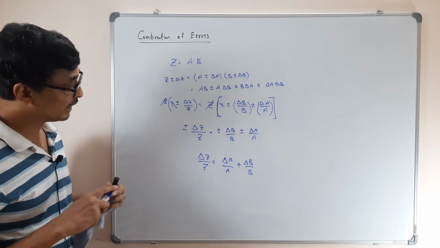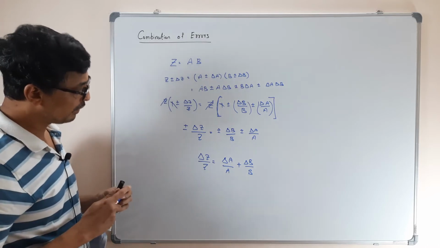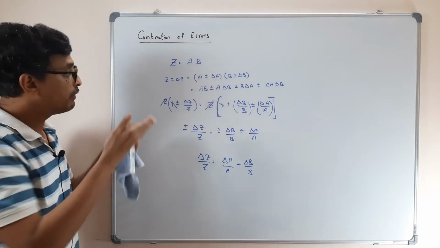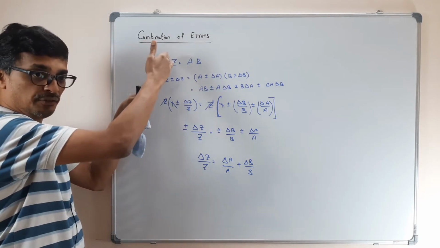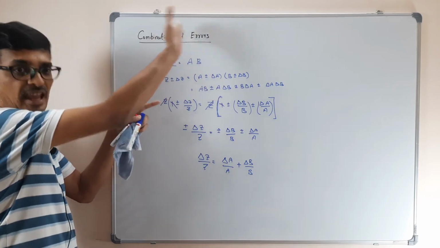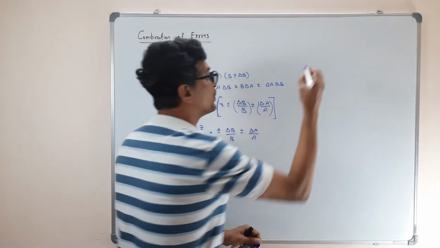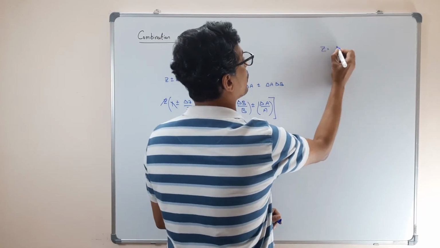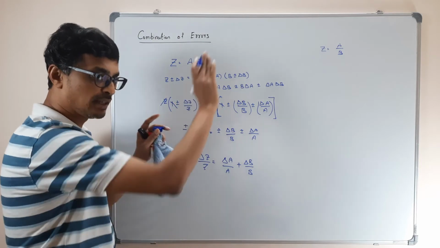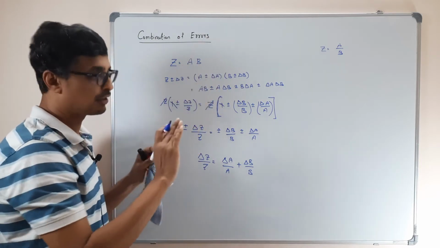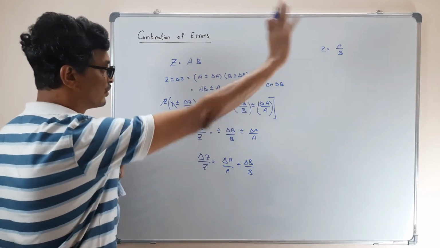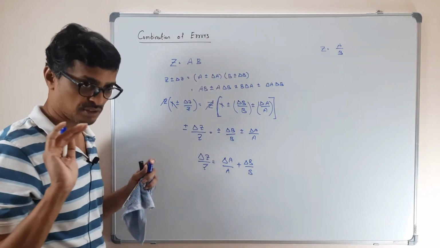And interestingly, if you have a division of quantities, where the measurement Z comes from a division of two individual measurements A and B, so Z equal to A by B. We will not do it because it needs some more calculations. That means you have to use some theorems, some series theorem. We will not use those theorems.